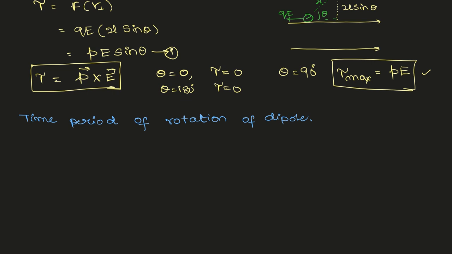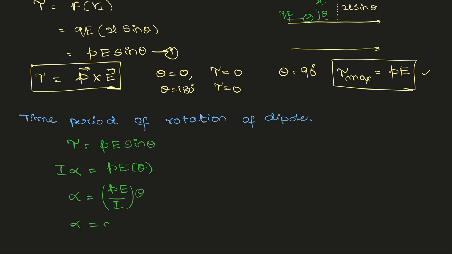For that, as we have torque equal to PE sine theta, this torque we can write as I alpha. For small angle approximations, we can write PE into theta, so alpha will be equal to PE by I into theta.